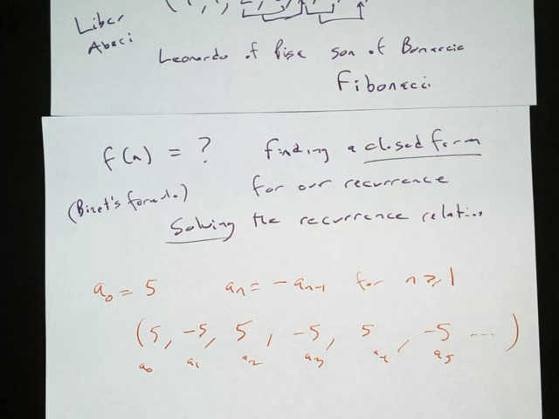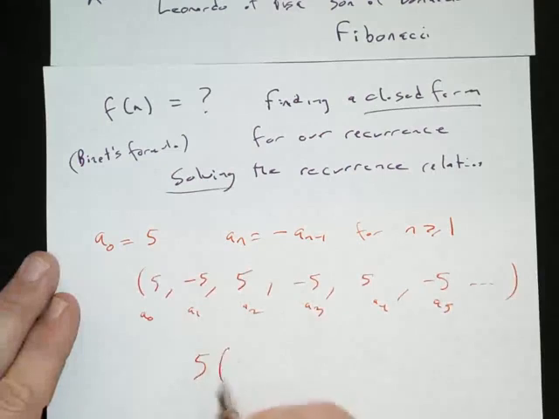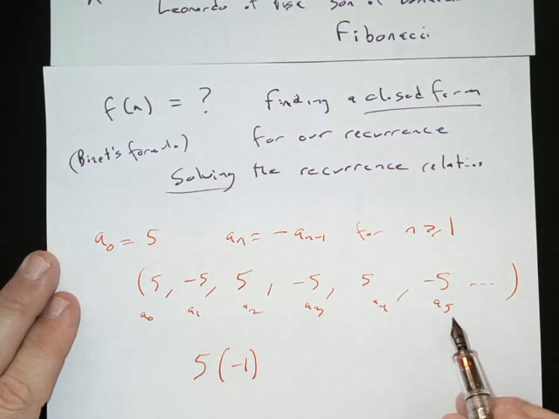Hey, this actually reminds me of another series we already looked at. I'm multiplying by the same number every time, aren't I? What's the number I'm multiplying by every time? Negative 1. So I could think of this as having a formula that says start with a 5, multiply by negative 1. How many times?